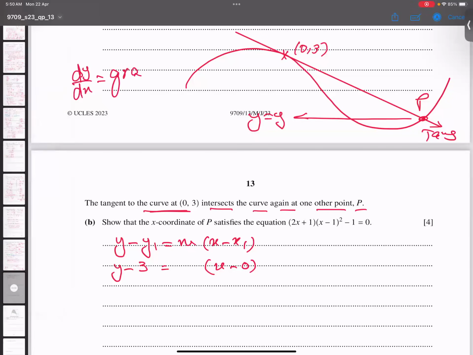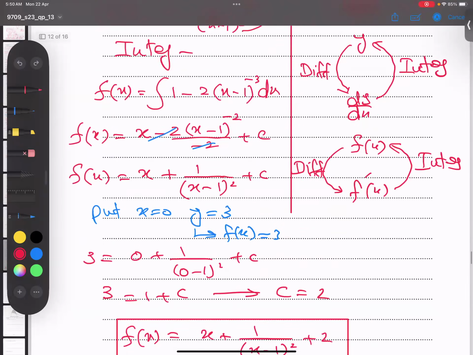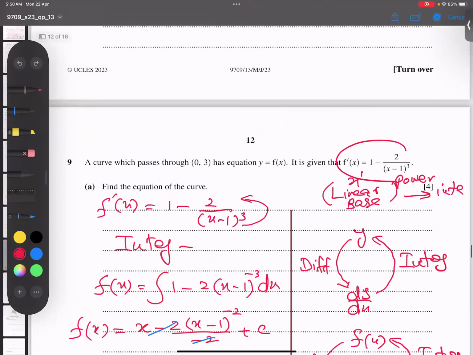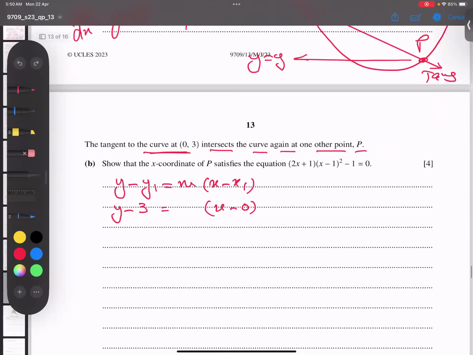So for the gradient, I will find the derivative and plug in x equals 0 there in the equation. So do we have a derivative? Yes, we have it available. This is called the derivative. So this expression completely I will take, because f dash of x represents the gradient.